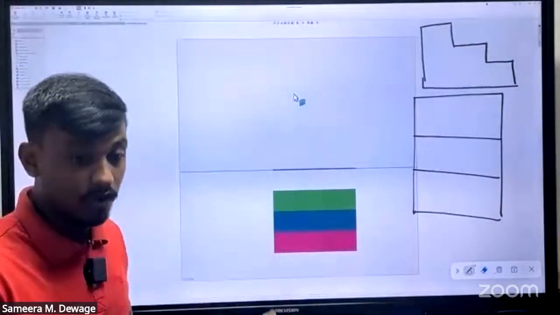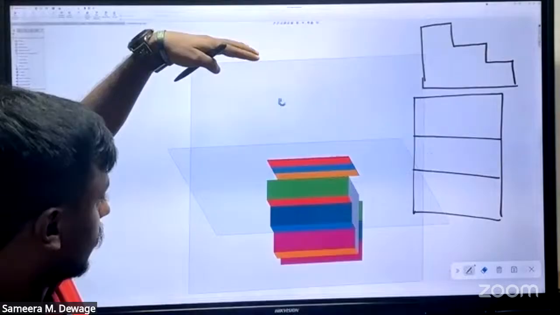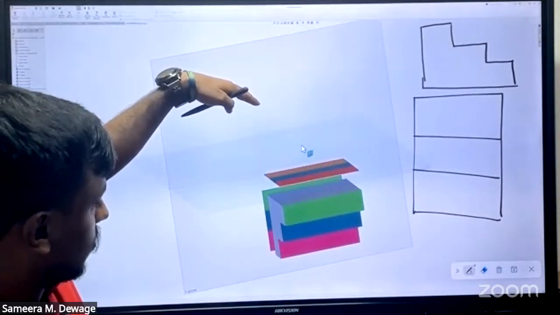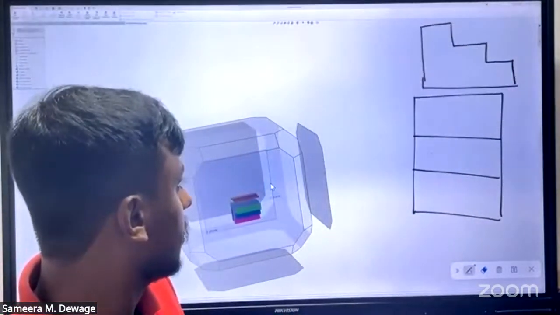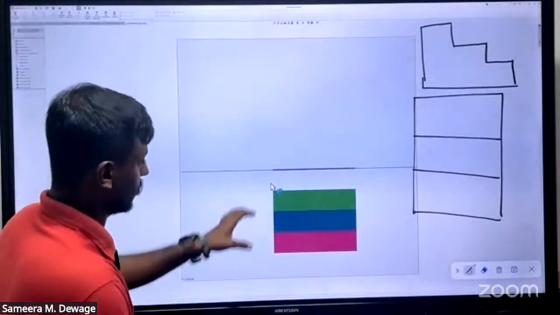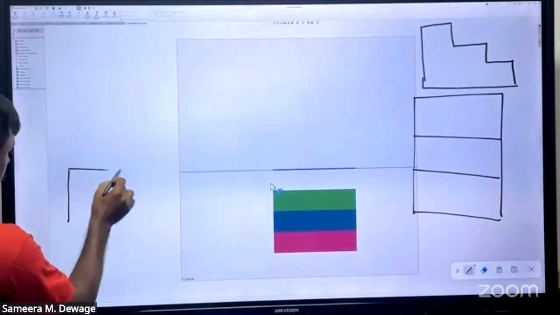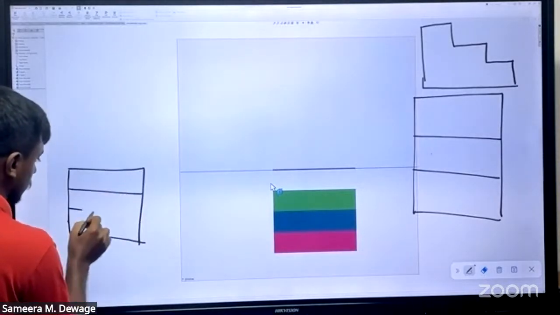Right. If you look at the object from above, you can observe this kind of image. Understood? You see an image like this, right? So you can observe this kind of square shape image.